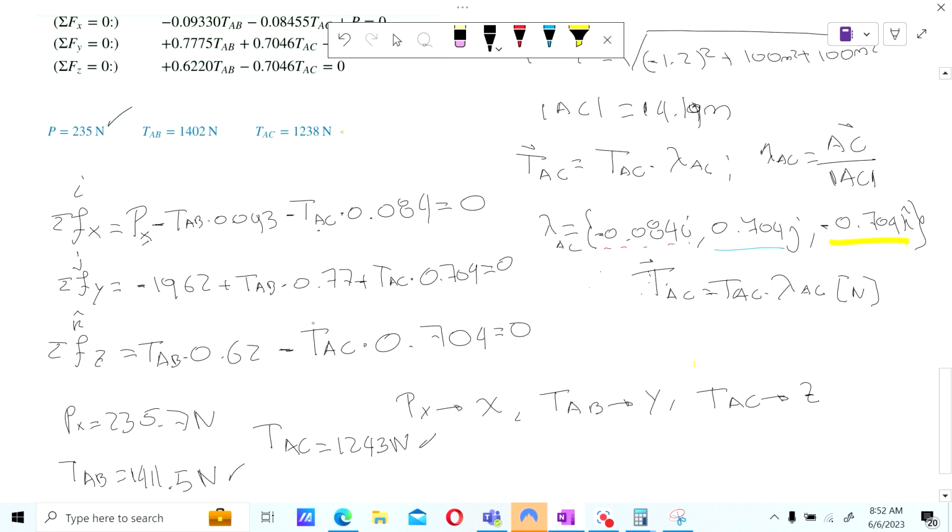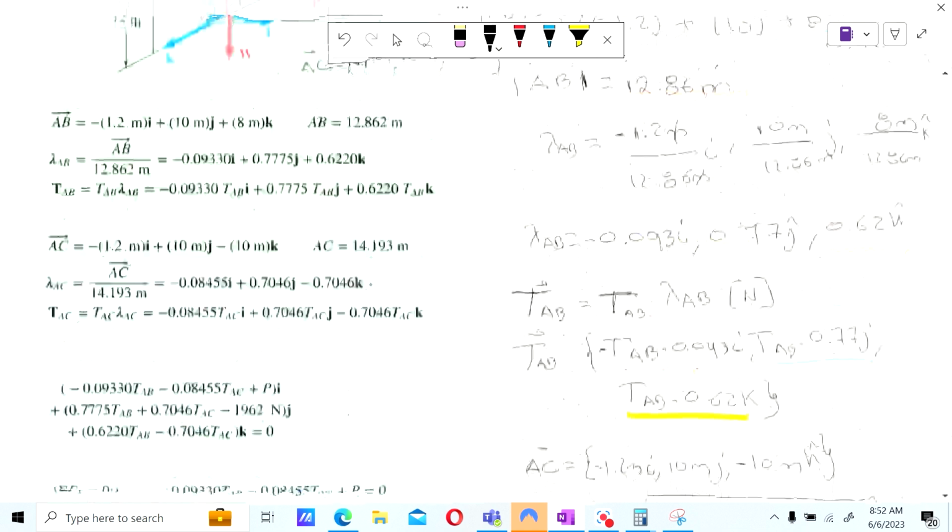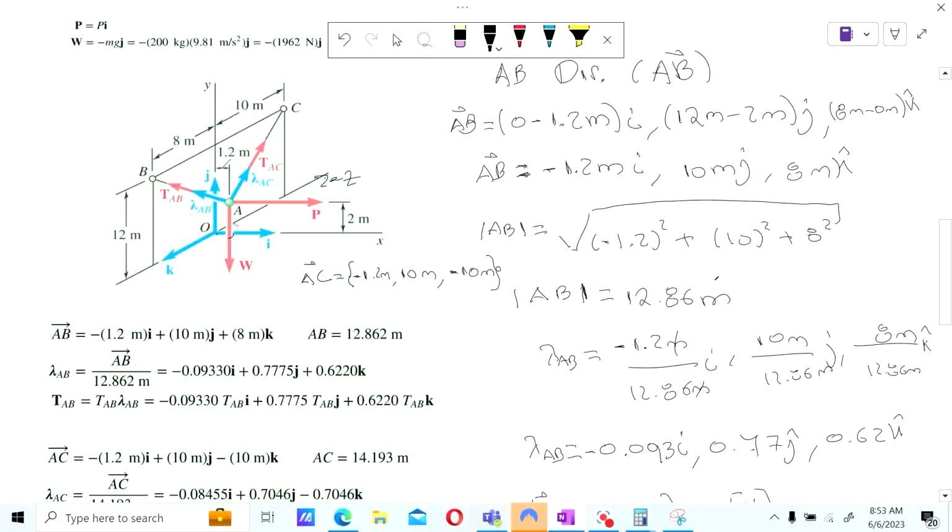All right, so we're pretty close. First of all, notice that all three forces are positive, even though we had negative signs in the system of equations. That is because all three forces are in tension.